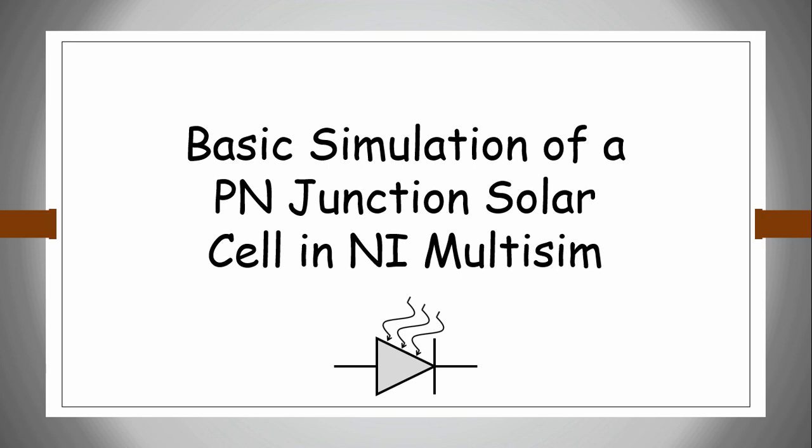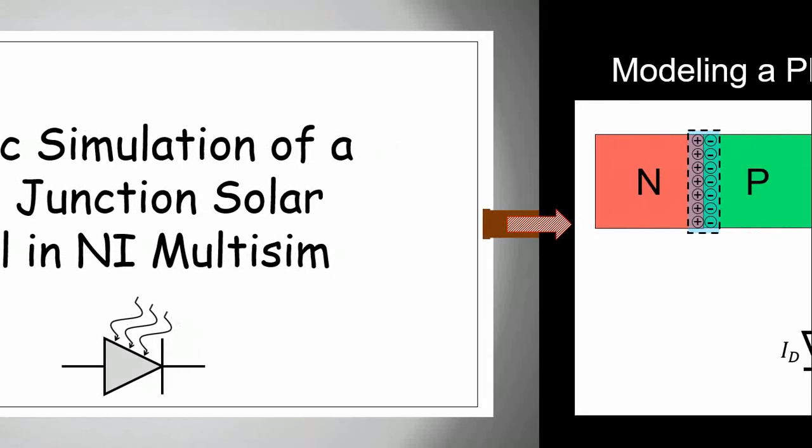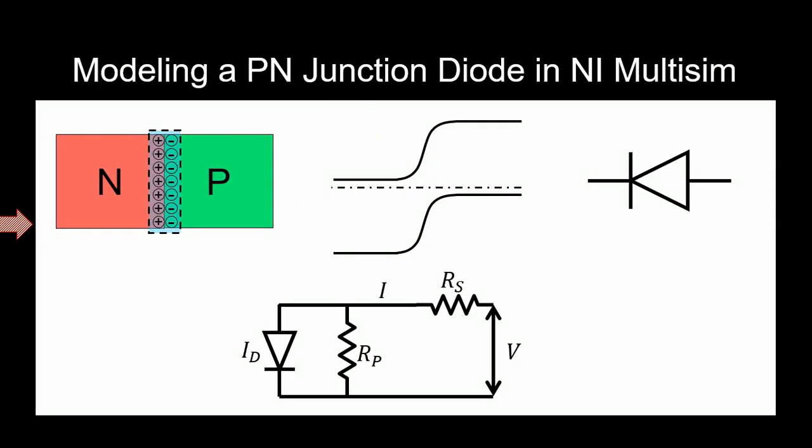Before beginning the topic for the day, I would ask you to look for my another video where I have discussed PN junction diode and its simulation in NI Multisim. If you have already watched that, then you may proceed further, and if you have not watched, then please go through that.